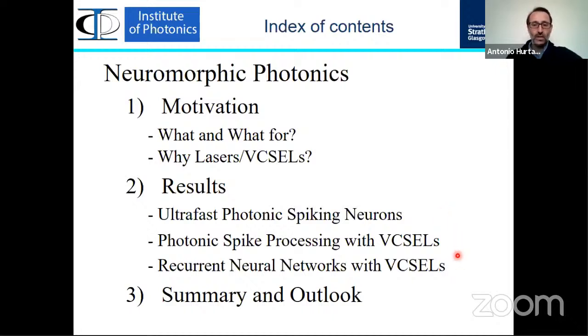Also a few lines on our work on photonic recurrent neural networks with VCSELs, the development of reservoir computing systems for specific applications with these technologies, before I finish with a summary of my talk and an outlook.